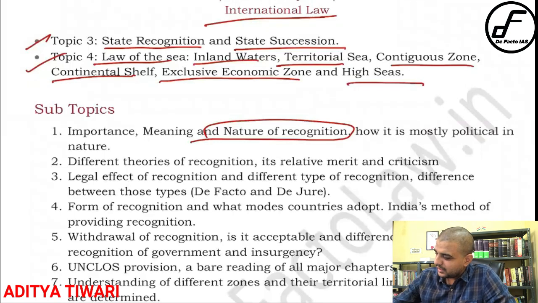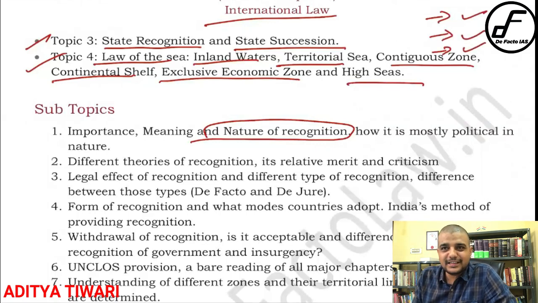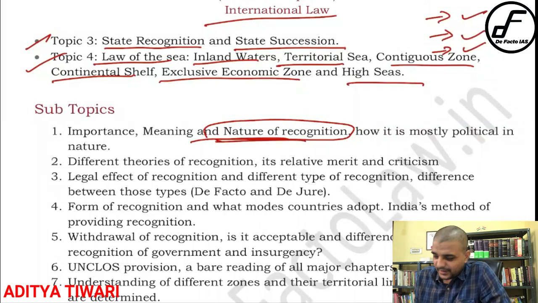The first is population, then a constitution, then a territory, and the last thing you need is recognition by others that you are a state. Once a state gets recognition, it acquires international personality. That is the nature of recognition. Understood that point?